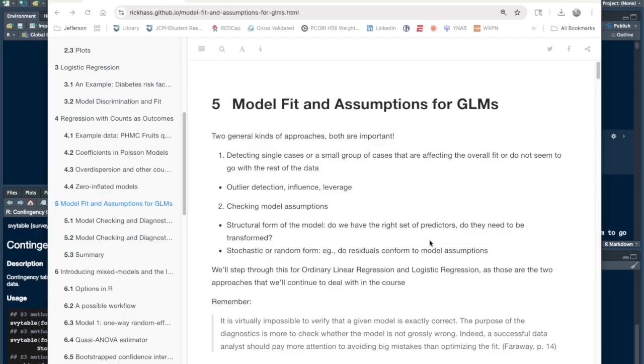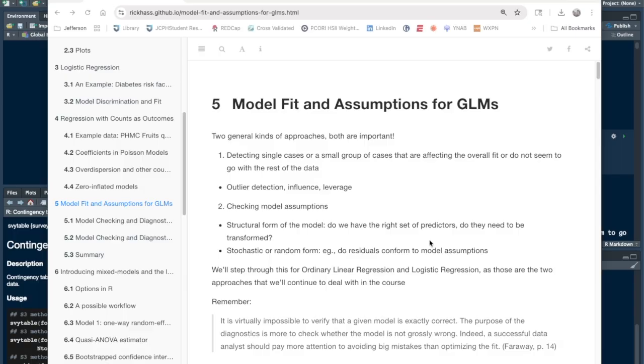And then we'll talk a little bit about checking assumptions. Again, the assumptions of ordinary linear regression are different from logistic regression. But generally, one of the basic assumptions we want to look at is the linearity of the model, and do we have it right? Do we have the right set of predictors?